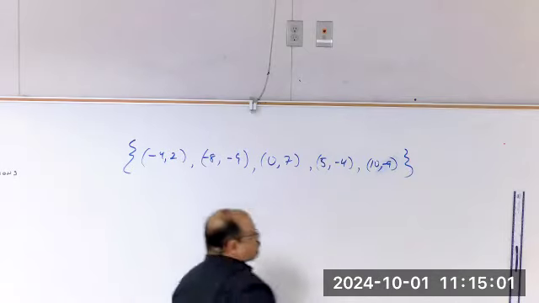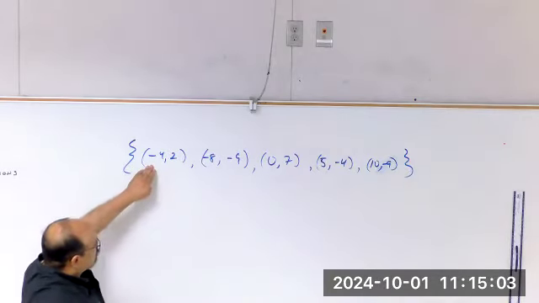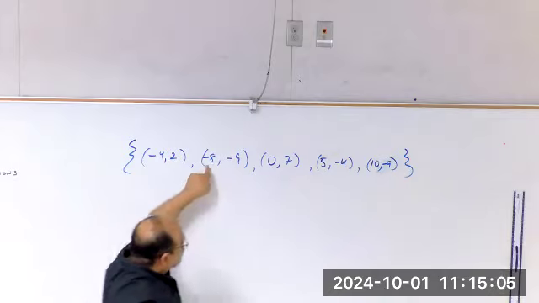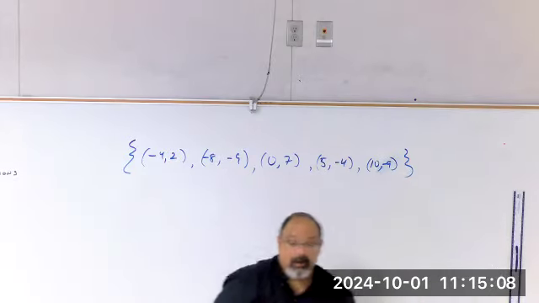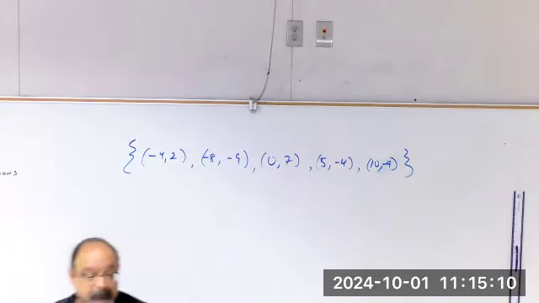This is a function because the x's don't repeat. -4, -8, 0, 5, 10. We never have an ordered pair where the x's repeat. It's a function.